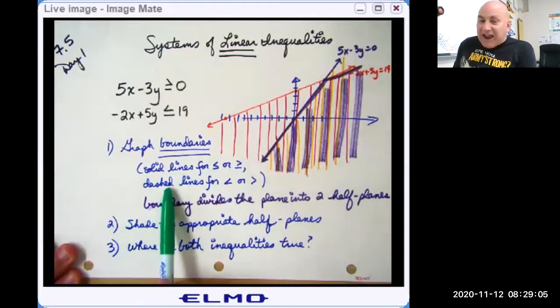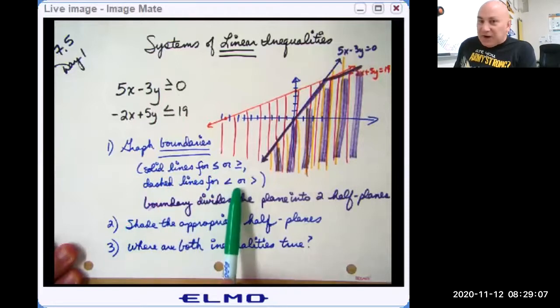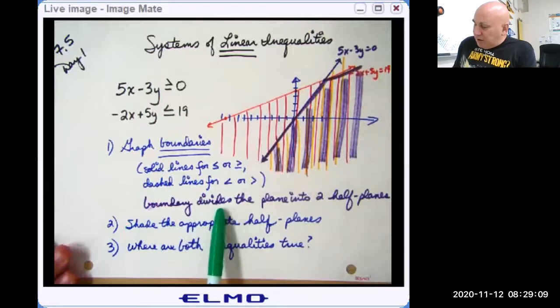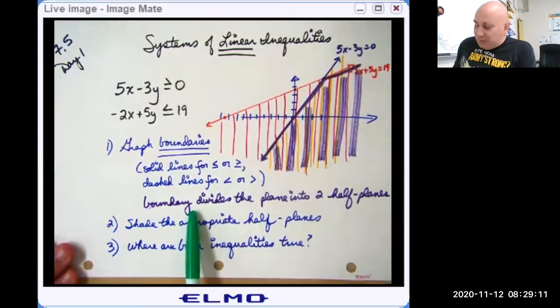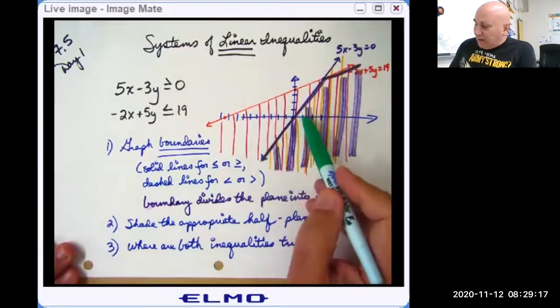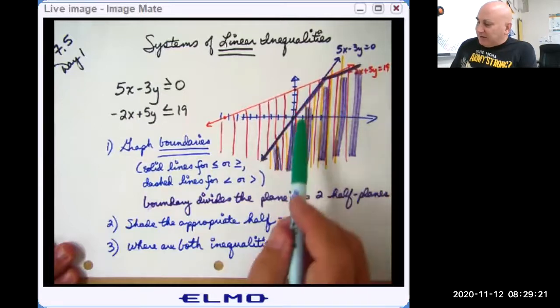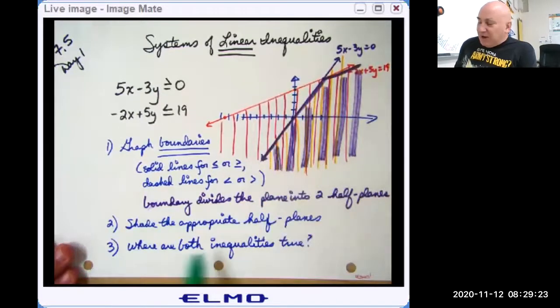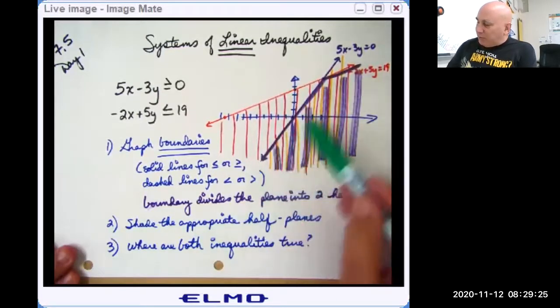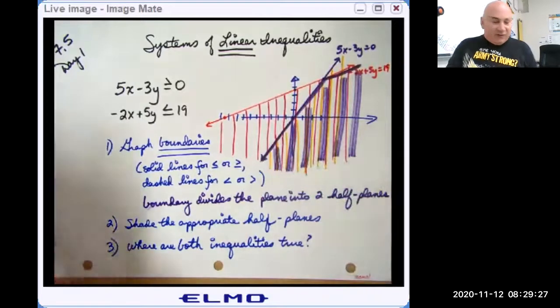You use dashed lines if there's not an equal sign. And those 2 lines become your boundaries. Shade the appropriate half planes by using a checkpoint. I used 1, 0 because this one went through 0, 0, and then 0, 0 through the other. And then the area where both of them is true is down here.